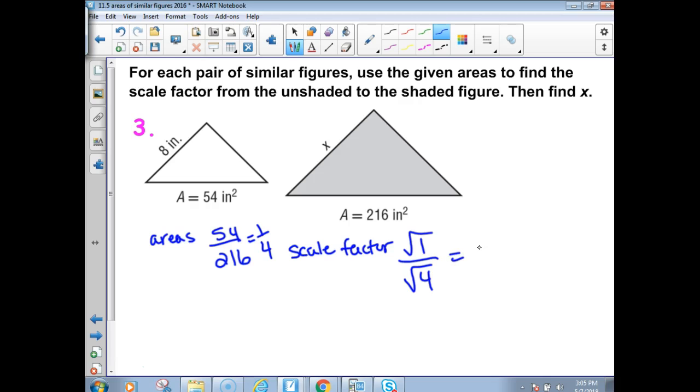And that's going to be 1 to 2. Right? Now that I have the scale factor, I can find x. 1 is to 2 as 8 is to x. Once I find the scale factor, I can find a missing side. 1 is to 2 as 8 is to x would give me 1x equals 16, or 2 times 8 divided by 1, we get x is 16 inches.